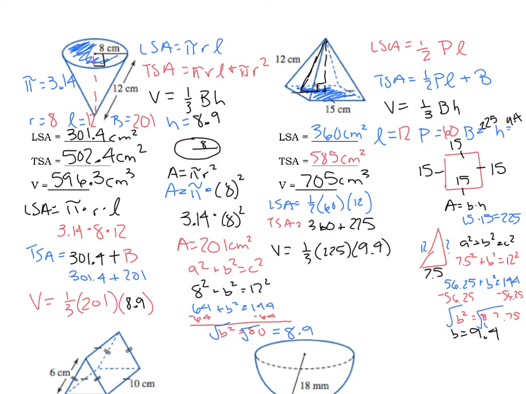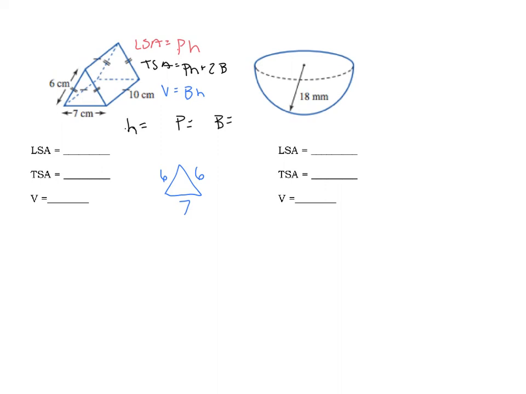I know this is a lot of work, so hopefully you don't find it too difficult since we're using all formulas here, but I know it's a lot. All right, this next figure, do not get confused here, okay? This is actually a prism. This is a triangular prism, though. Notice what it's sitting on, that rectangle shape that it's sitting on, is not the base.